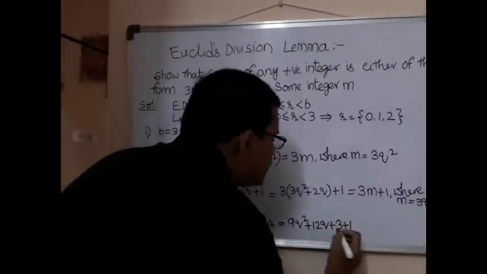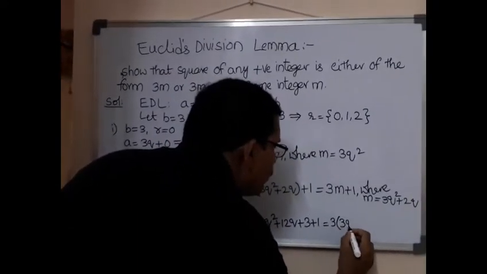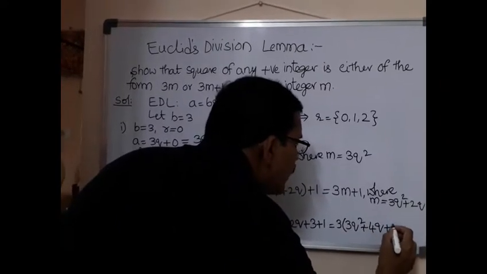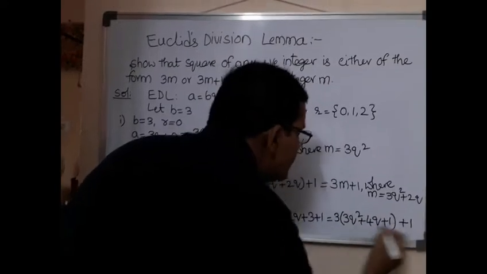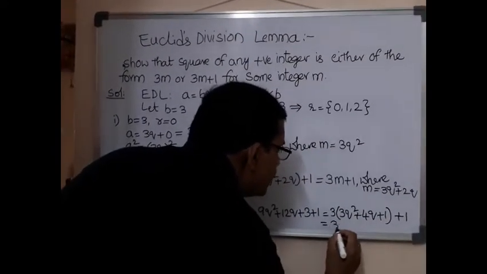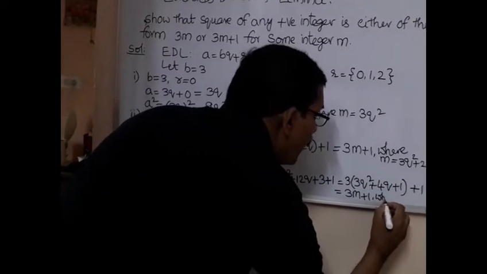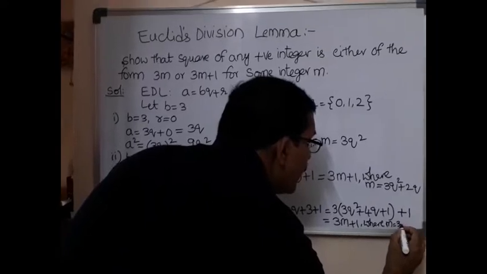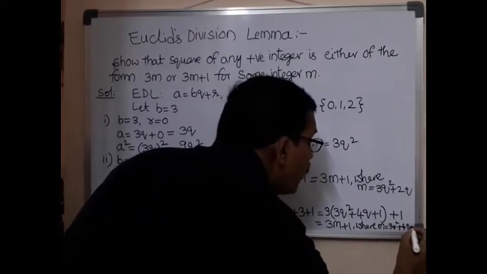In the first 3 terms I am taking 3 common. So that is equal to 3 of 3q square plus 4q plus 1, plus this one as it is. That is equal to 3m plus 1, where m is equal to 3q square plus 4q plus 1.